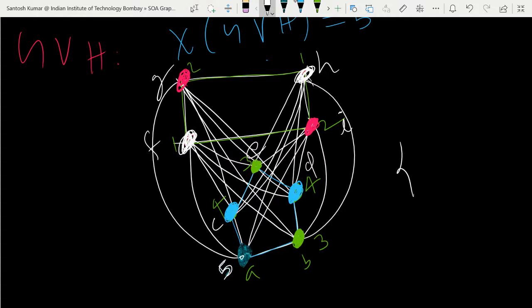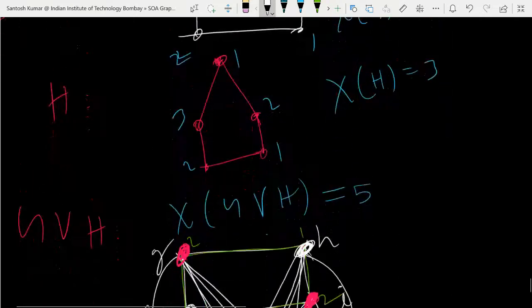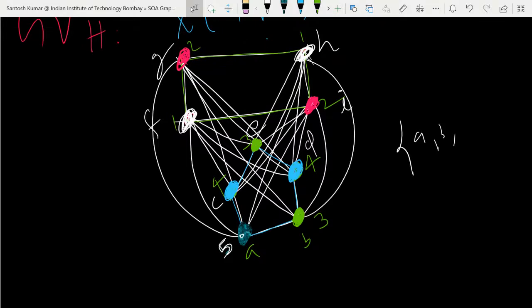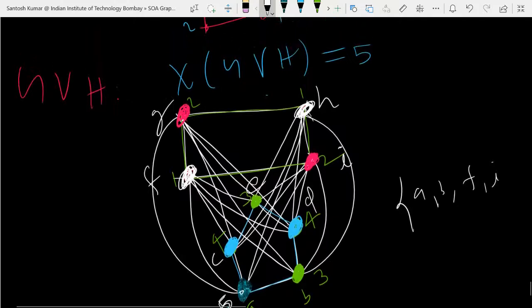So you can start with A, B. So this was 3 now. Fine, but I want to know the size. This is size 4. So can we get only size 4?